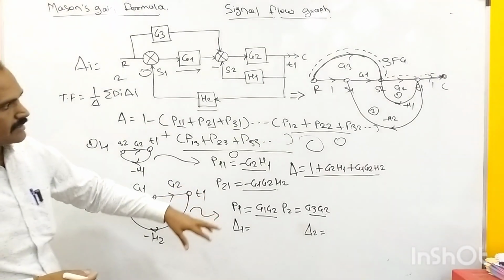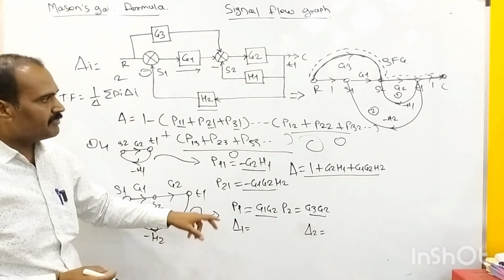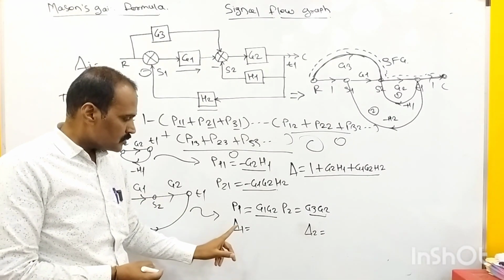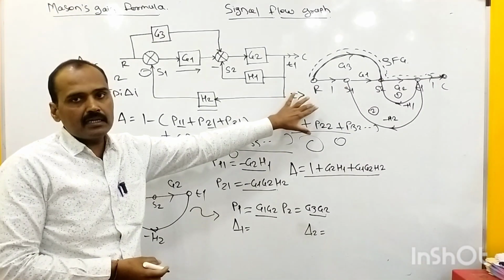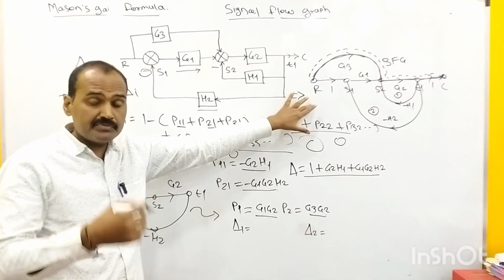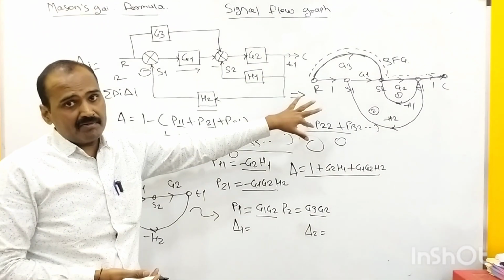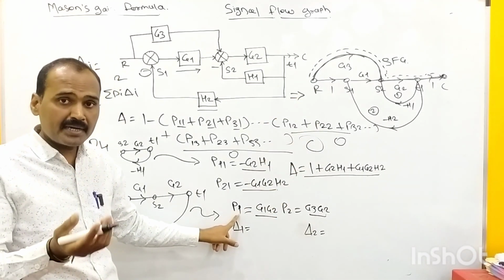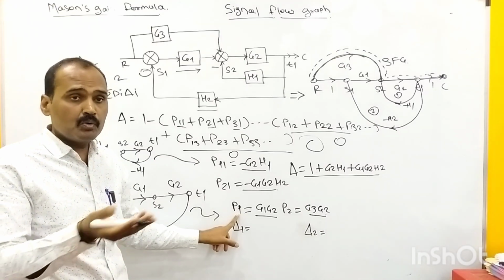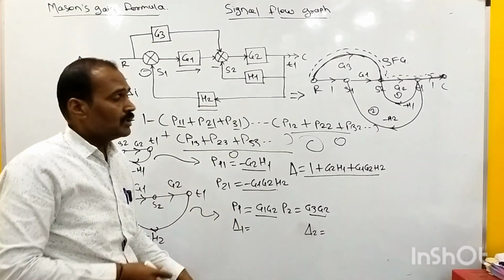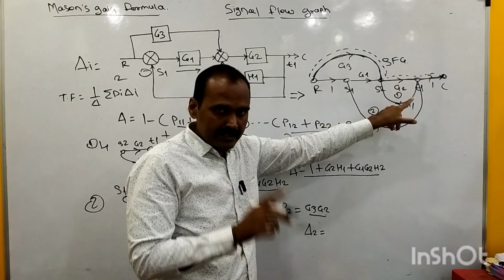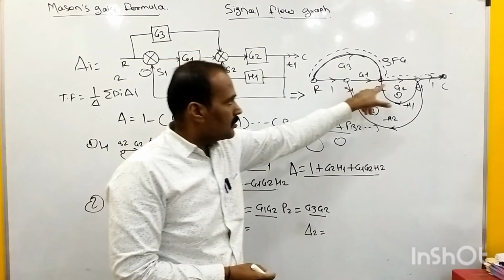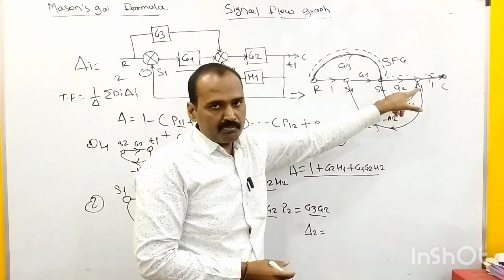So delta 1 and delta 2, what are these? Specifically, when we consider delta 1, delta 1 is a special part of the signal flow graph representation which does not touch the forward path number 1, because this delta 1 belongs to P1. It means we are supposed to determine whether we have any loop which does not touch this forward path number 1. The gain of that forward path 1 is G1 into G2, so this horizontal line is our forward path number 1.